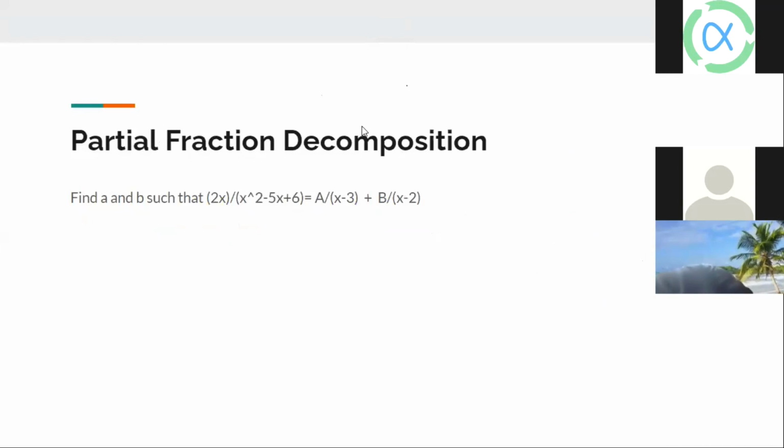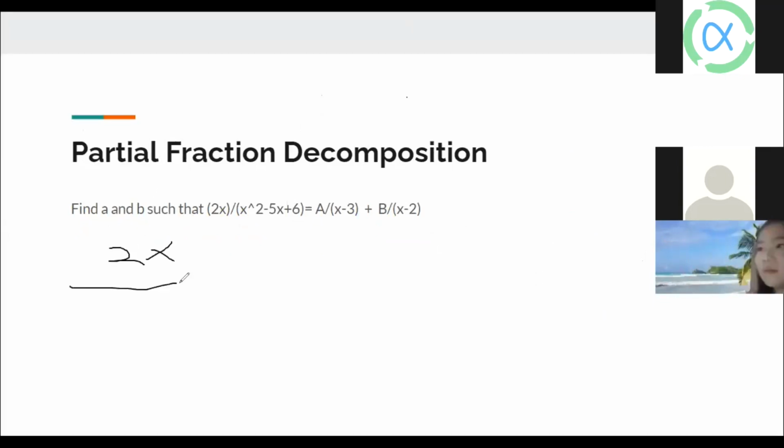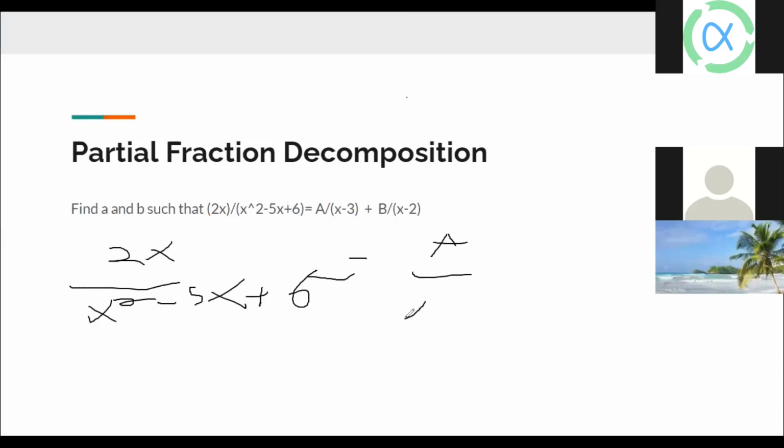Okay, partial fraction decomposition. To explain this concept, I'll just give this problem. It says 2x over x squared minus 5x plus 6 is equal to a over x minus 3 plus b over x minus 2.